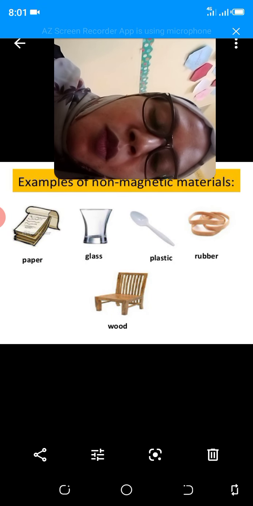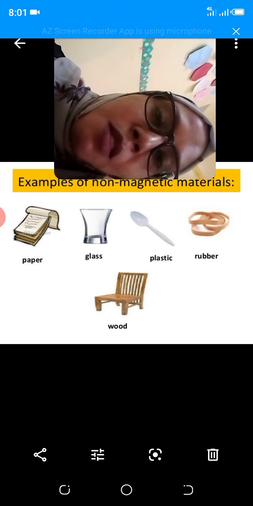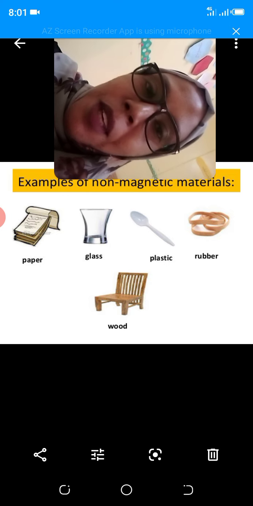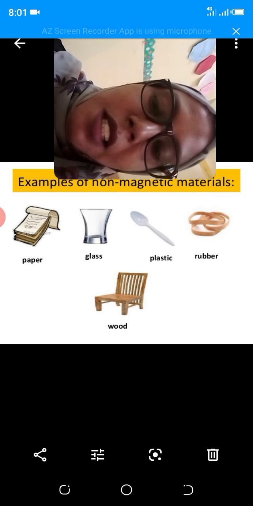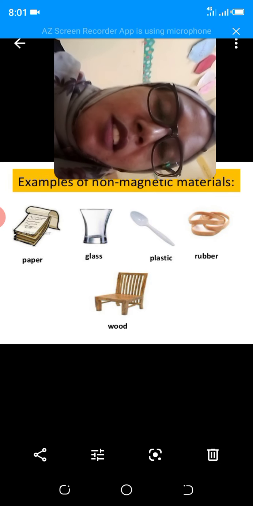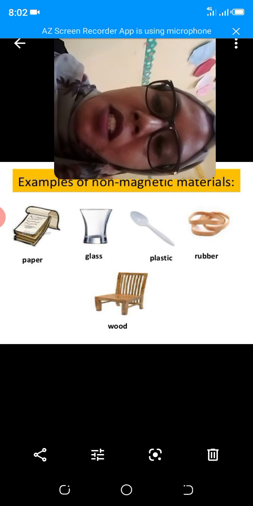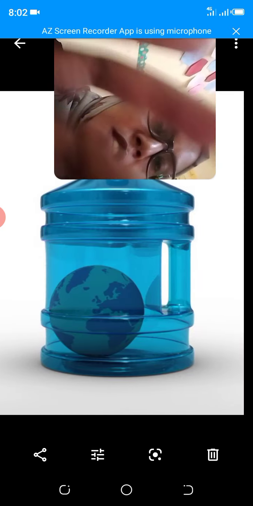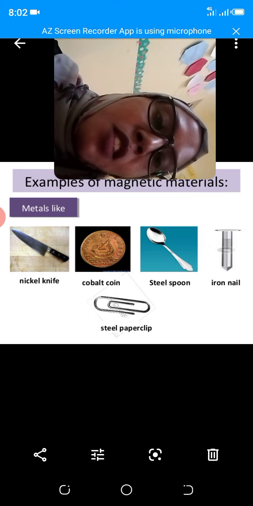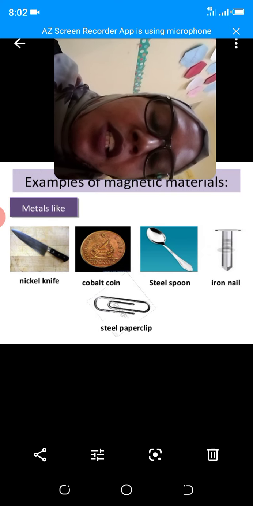So magnetic materials are materials that can be attracted by the magnet, just like iron. So this is a magnetic property.